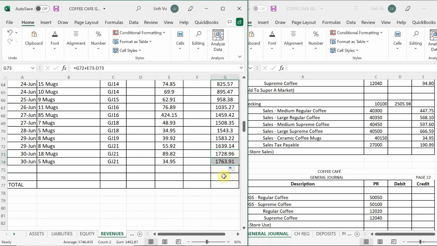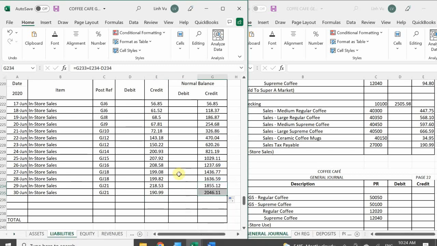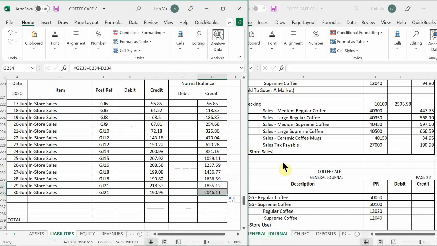Okay. And last but not least, we got some sales tax. For a total of $190.99. Grand total. 2,046.11. Good.